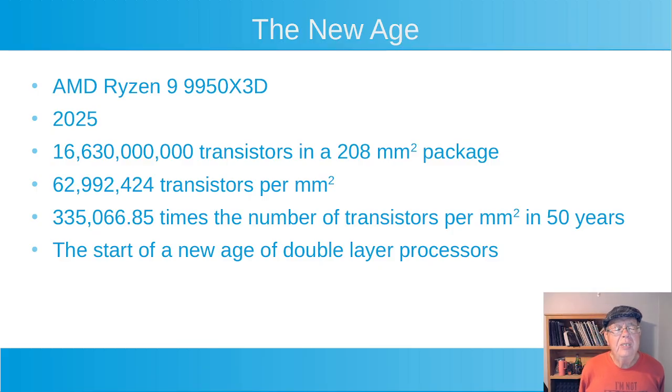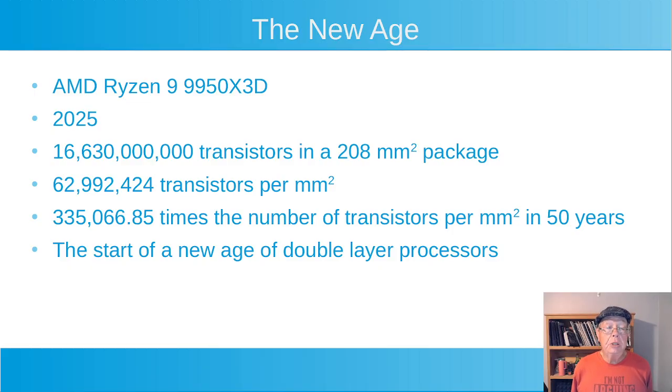Now, the reason I'm mentioning this is because a couple of years before this, AMD had introduced their first double layer processor. It was an extremely good performer, but there were limitations to it. Then they came out with the next generation, and all of a sudden those limitations weren't there.